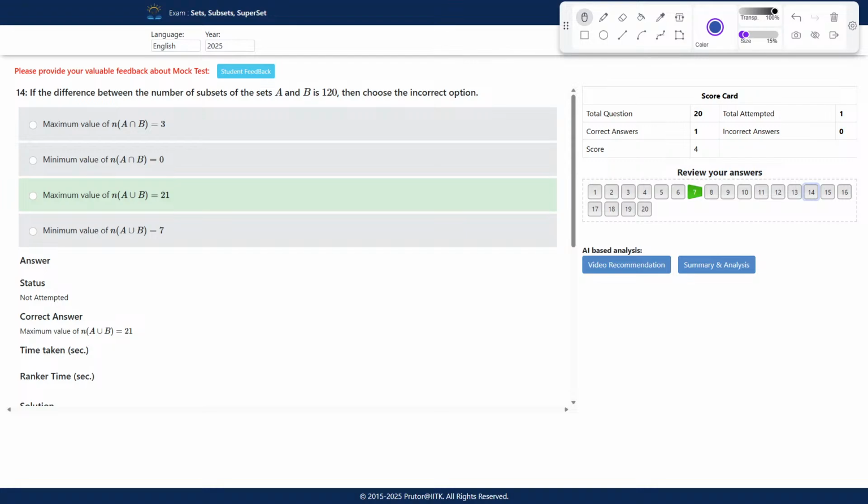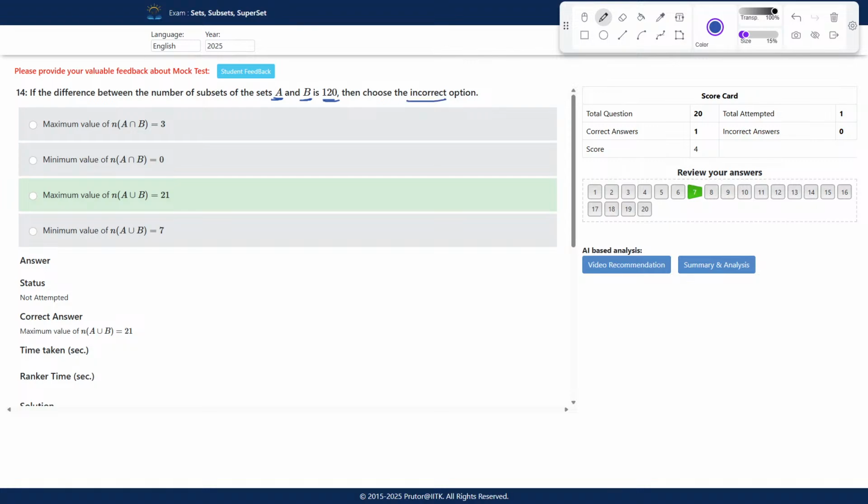Question 14: the difference between the number of subsets of set A and set B is given to us as 120. So total number of subsets of A minus total number of subsets of B is 120. Clear? You have to choose the incorrect option.